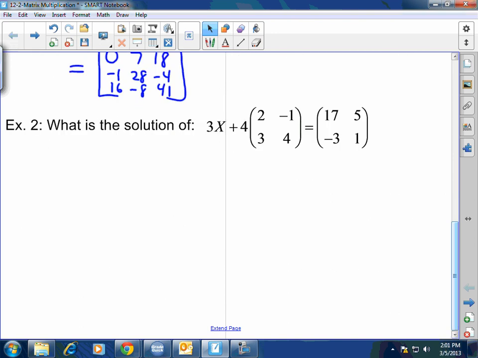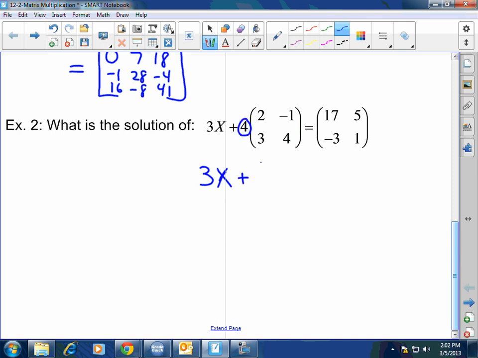Now, we can use these skills to go ahead and solve equations as well. First of all, I've got 3x plus scalar multiplication. So I'm going to make this 8, negative 4, 12, 16 equals 17, 5, negative 3, 1.